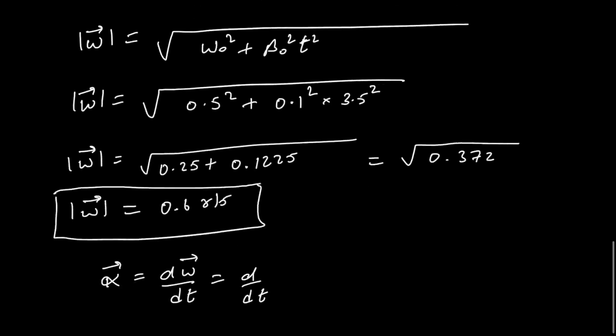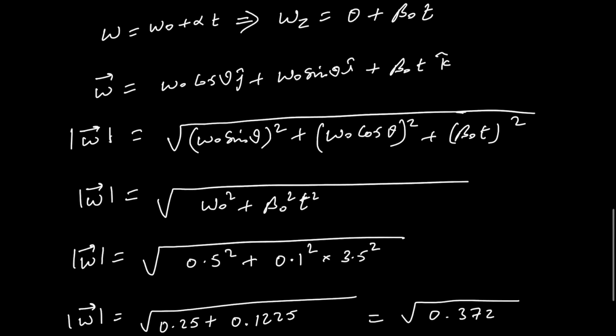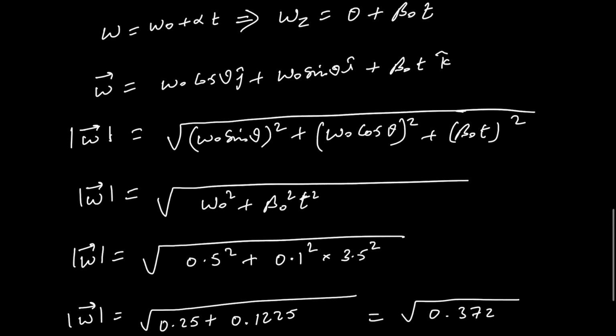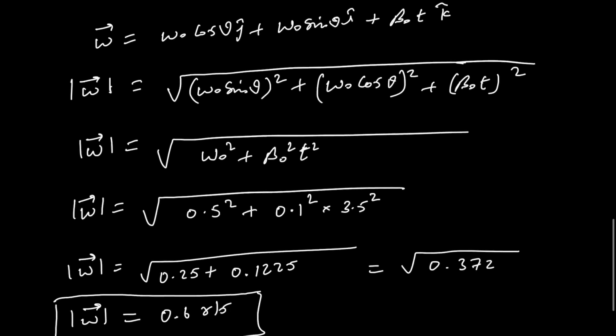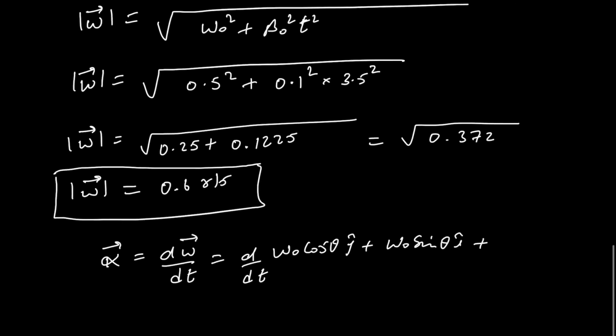So omega is omega naught cos theta j cap plus omega naught sin theta i cap plus beta naught t k cap, or you can say omega z k cap.